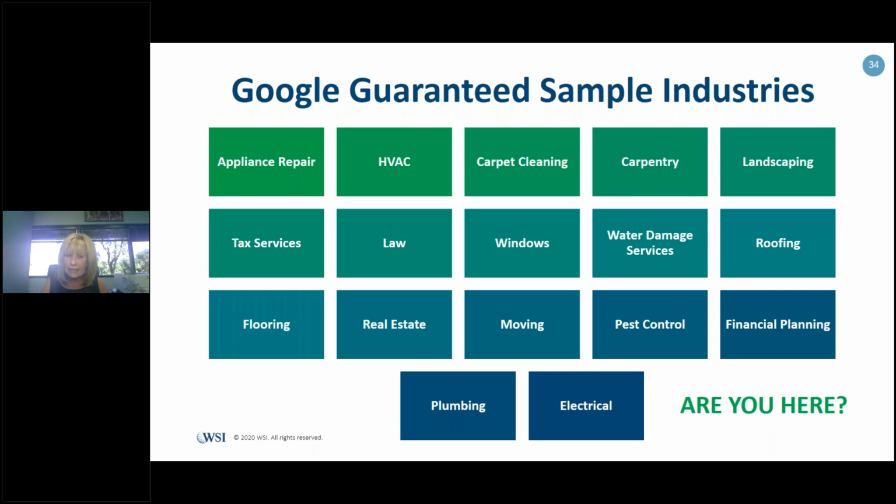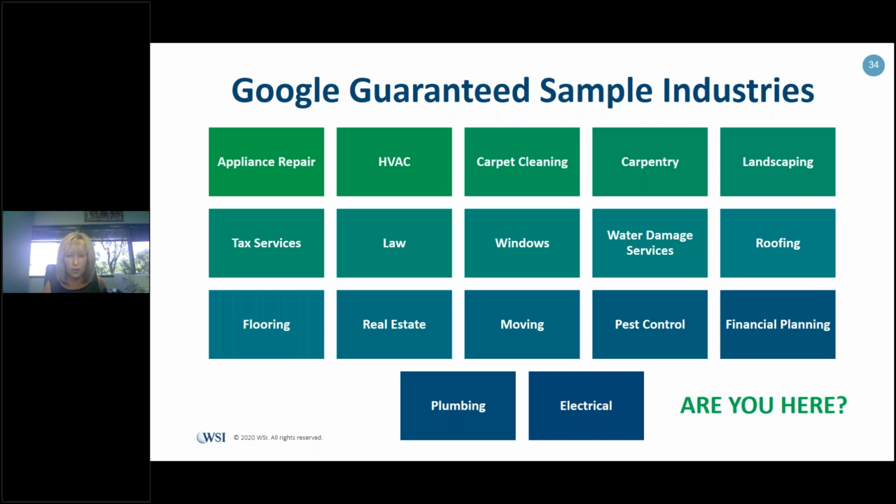With a Google guarantee, if you're in appliance repair, carpentry, or home services, these ones that are listed here, Google will actually financially back you when you get guaranteed. In the US, it's $2,000. So if somebody is unhappy with your service and you're a Google Guaranteed business, Google is saying, I will reimburse you, consumer, up to $2,000 if you had a problem.